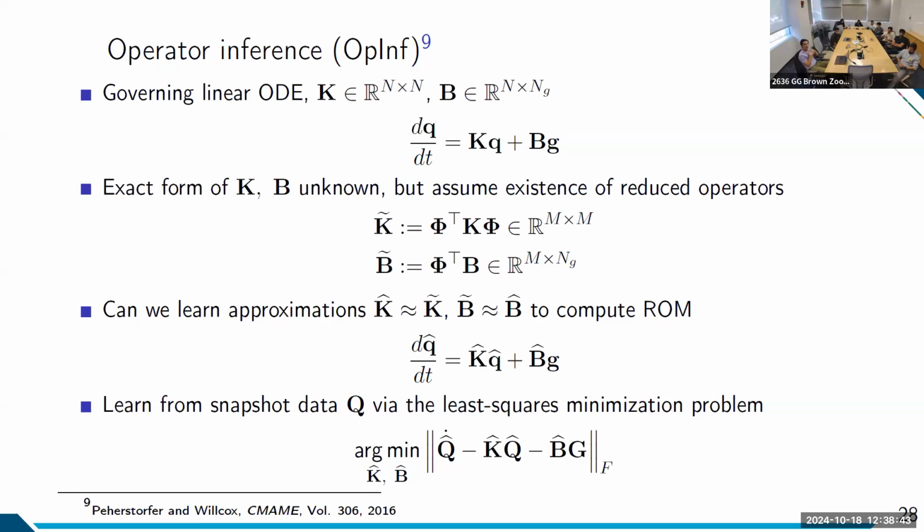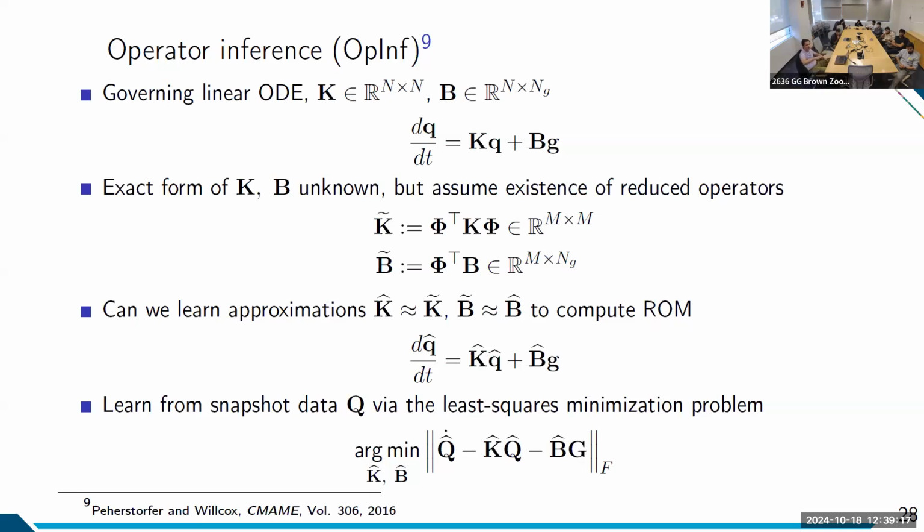But you assume that there is some sort of existence of a reduced operator where you are projecting those operators via your trial basis phi, and you can learn those approximations in this reduced space via a least squares minimization problem, where you are taking snapshots of your data Q, computing an approximation of your time integrator, and learning some sort of approximation K hat and B hat to those operators in this reduced space.